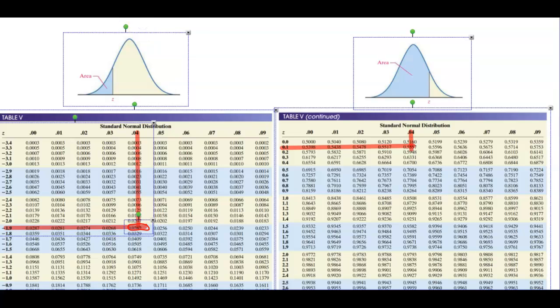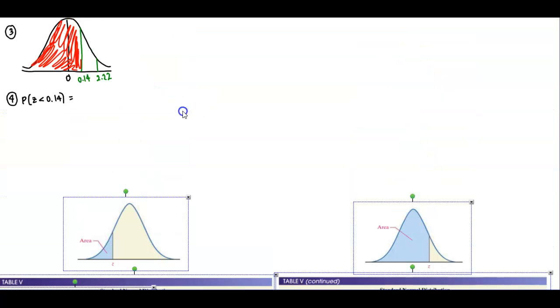We can see that we get an area of 0.5557. So that's equal to 0.5557.